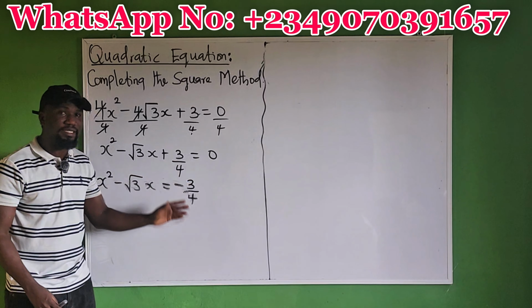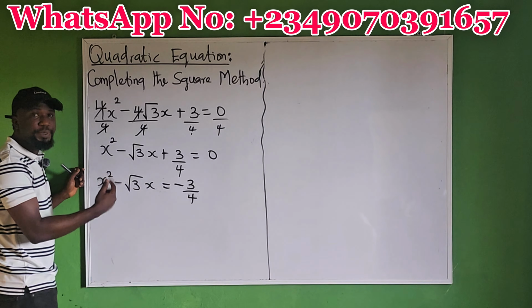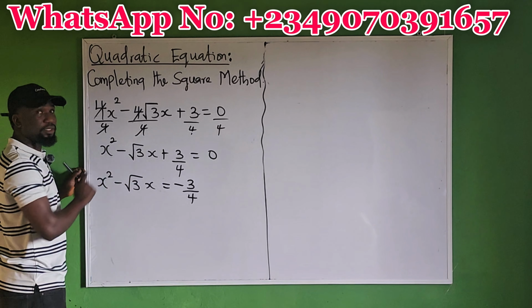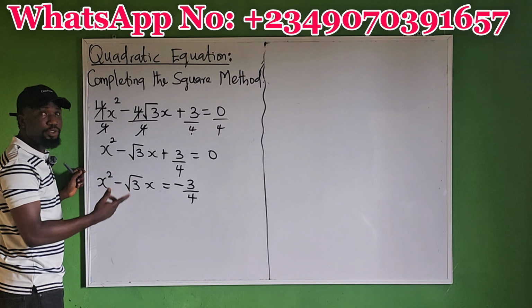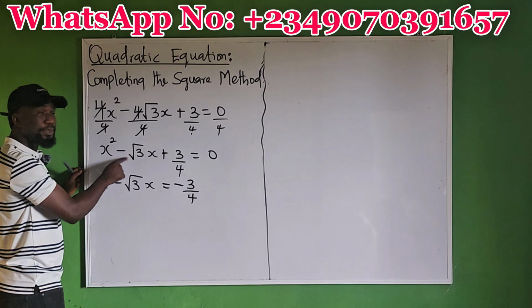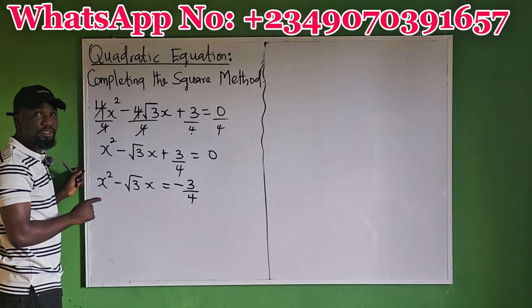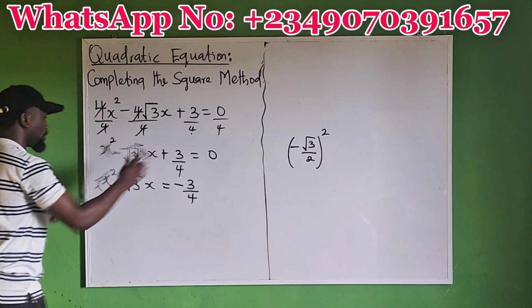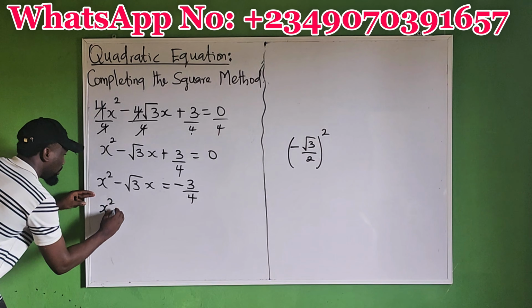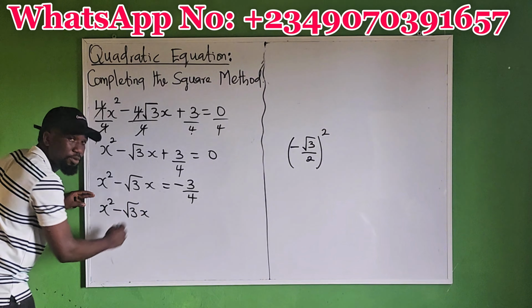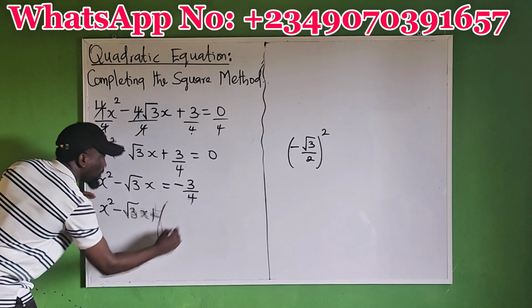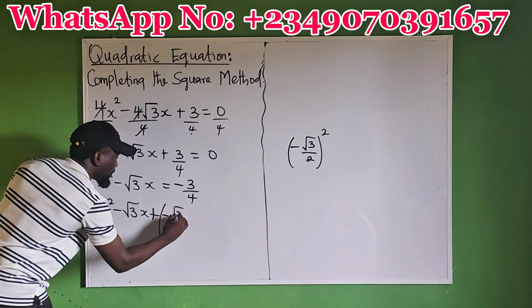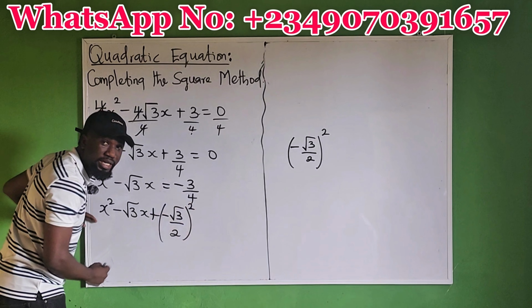What's the next thing now? Let's deal with b. The coefficient of x is negative root 3. For this, you are going to take half of negative root 3, then square it. Half of this is negative root 3 divided by 2. Do you understand? So we have x squared minus root 3 x, then add negative root 3 over 2 all squared to both sides.